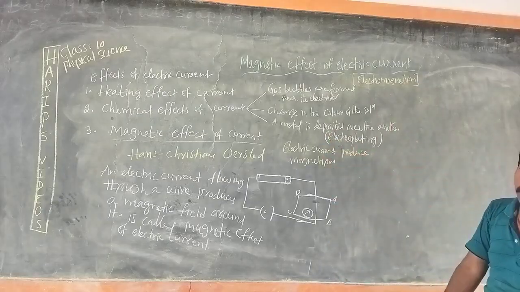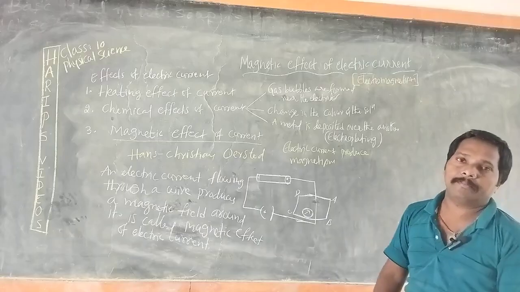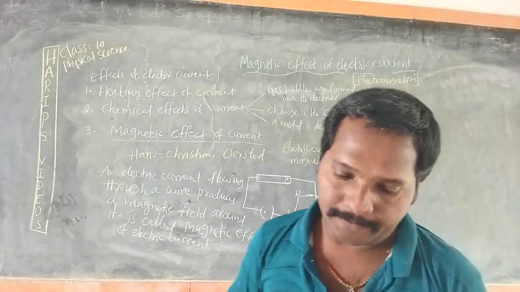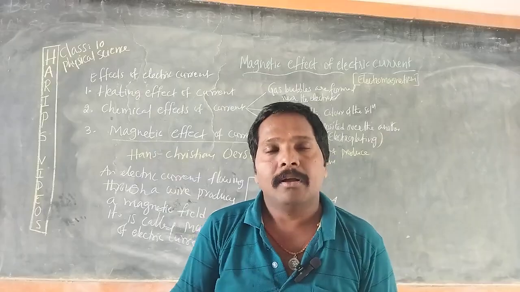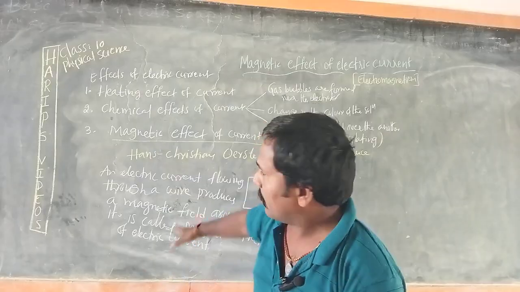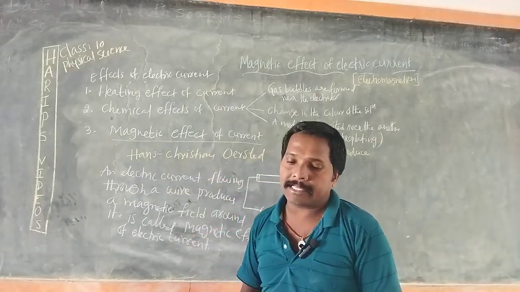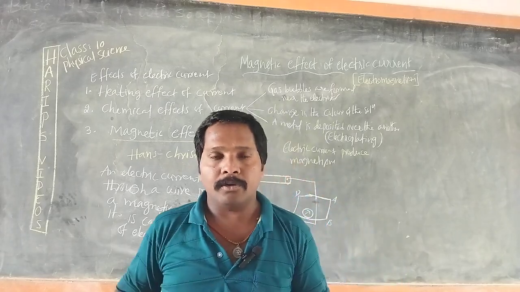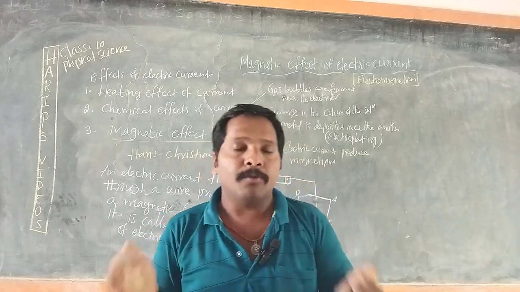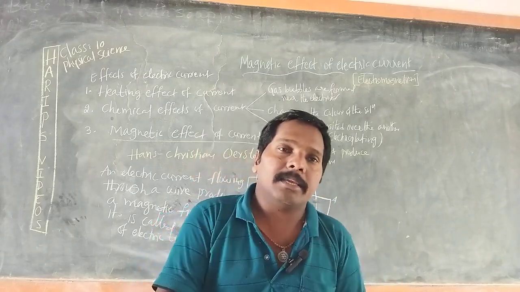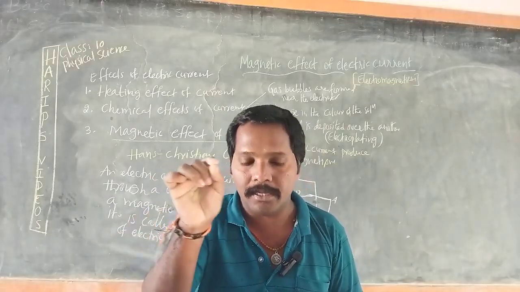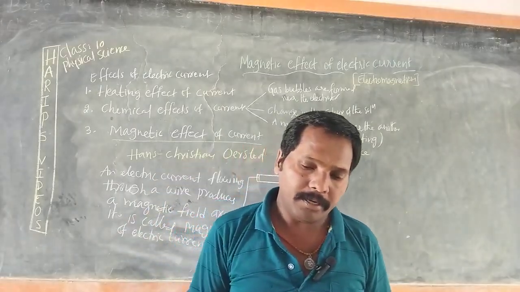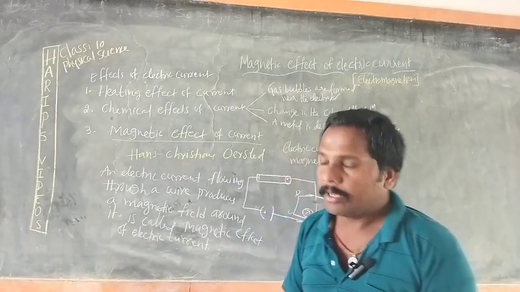Magnetism is produced because of electric current. Right? So with the help of Hans Christian Ørsted's experiment, we concluded and understood that there is an interconnection between electric current and magnetism.